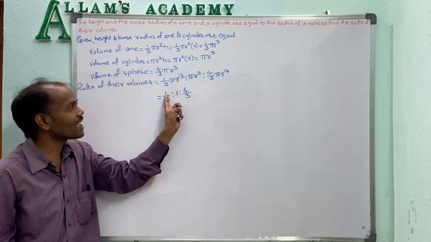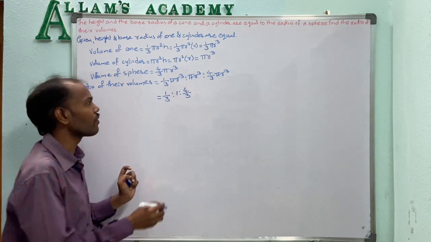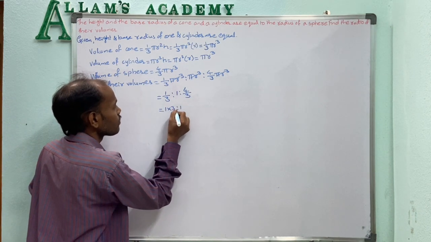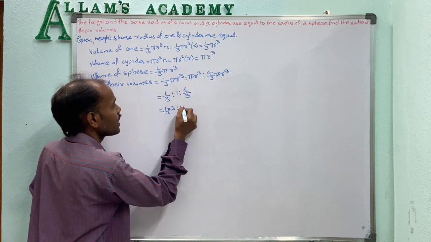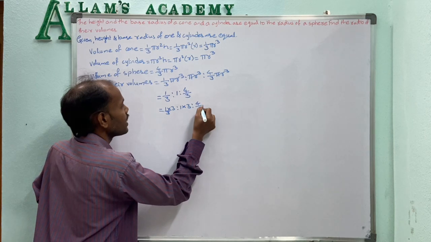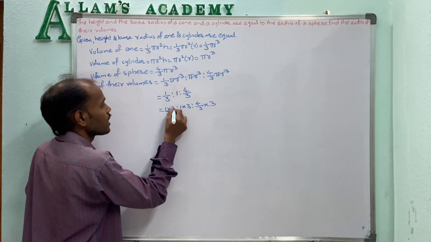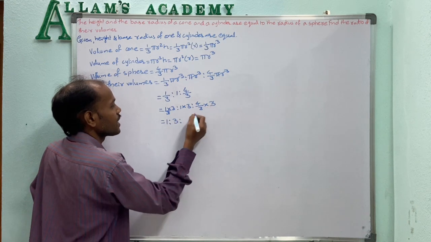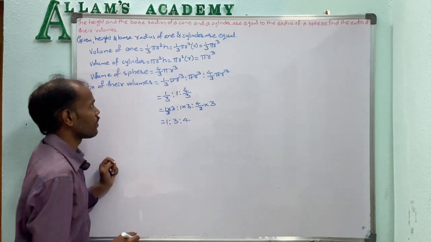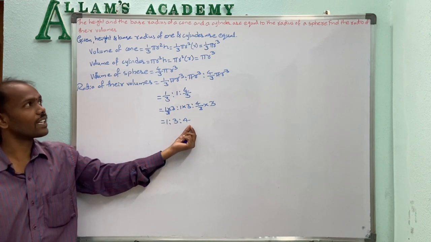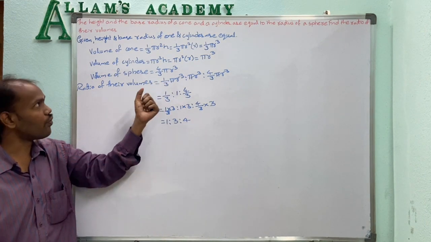Now all the ratios are multiplied by 3. So 1 by 3 into 3 is 1, 1 into 3 is 3, and 4 by 3 into 3 is 4. So 1 is to 3 is to 4 is the ratio of volumes of cone, cylinder and sphere.